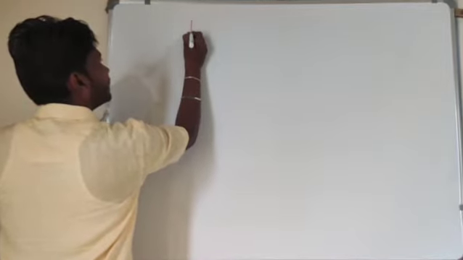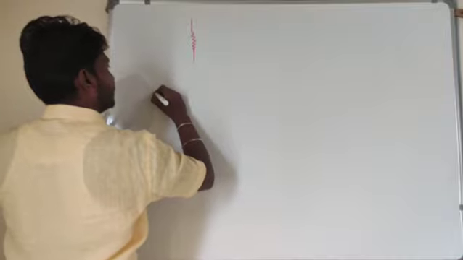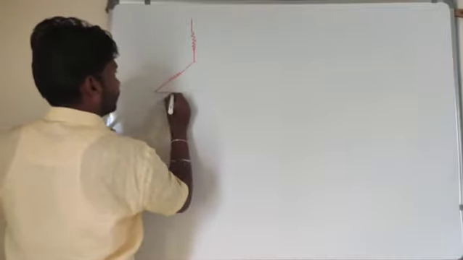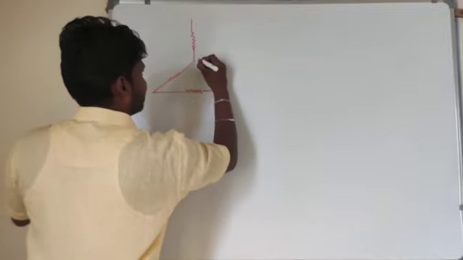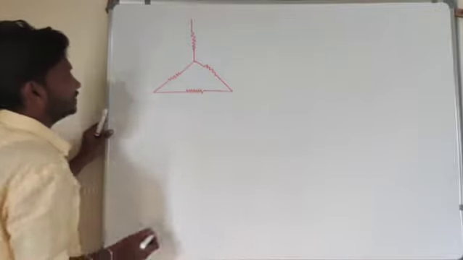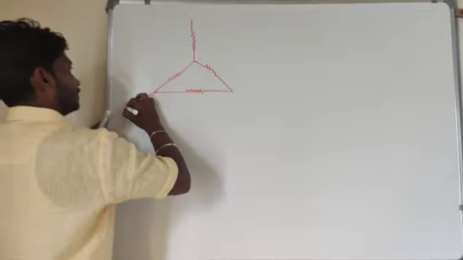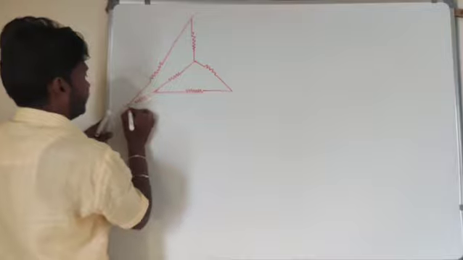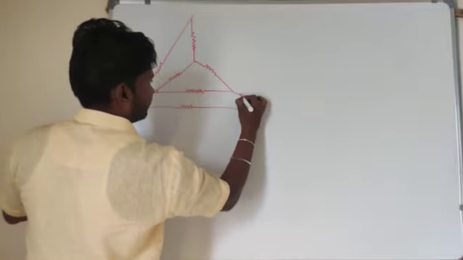So in this circuit, I want to find out the effective resistance between 2 points here. I will make the complexity as much as possible. Okay, so this is one circuit. In the given circuit, I want to find out the effective resistance.